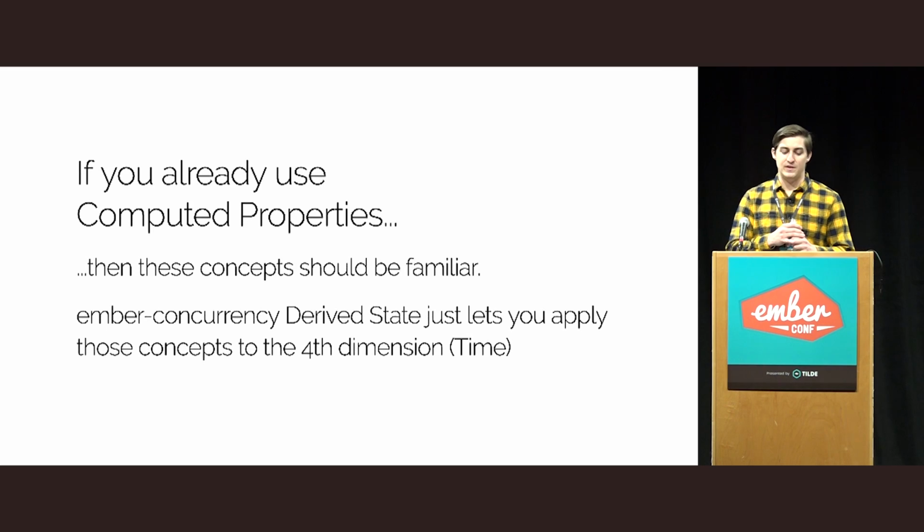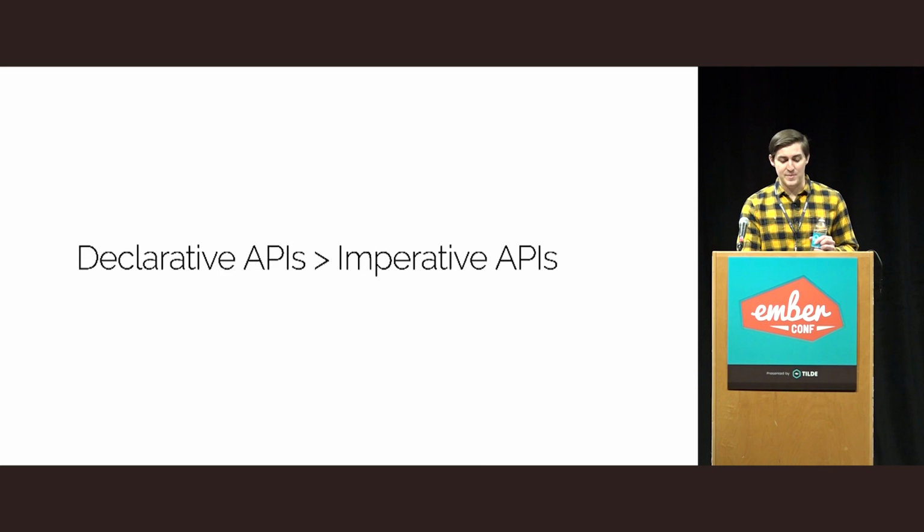It keeps just enough information to make it really easy to do comparisons. Has the data changed? Is the data stale? All these different things that are usually pretty hard, and without something like Ember Concurrency usually require a lot of manual state tracking, which is really easy to get wrong in an async concurrent environment.